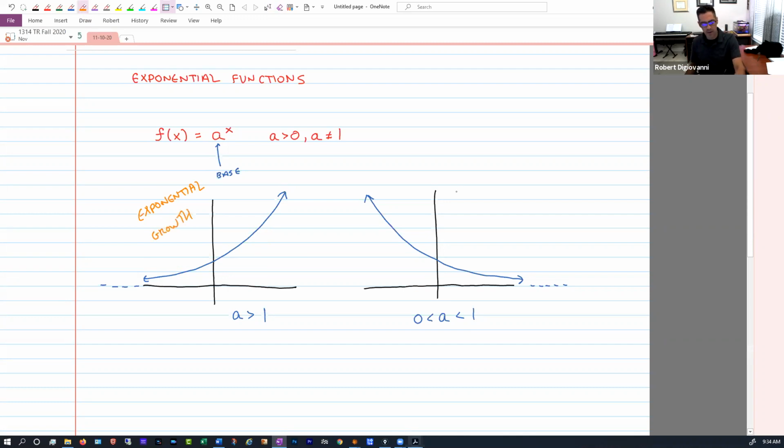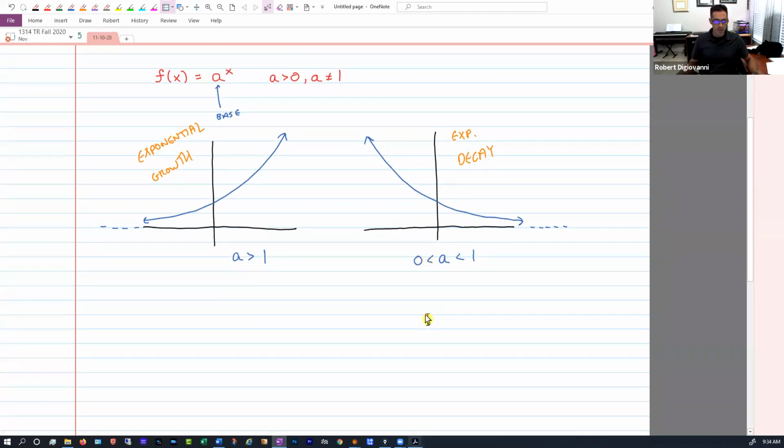And over here, we call this exponential decay. You get decay if your base is between 0 and 1. So you just need to know that that's the basic look of exponential functions.